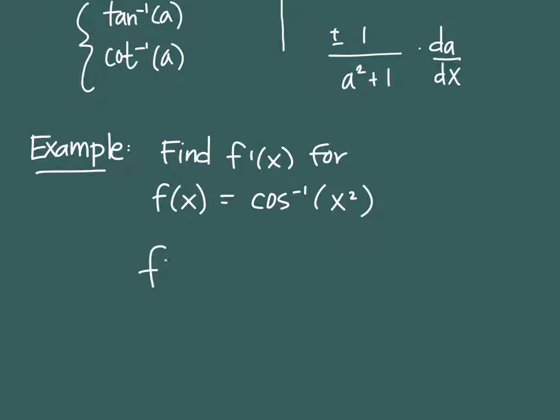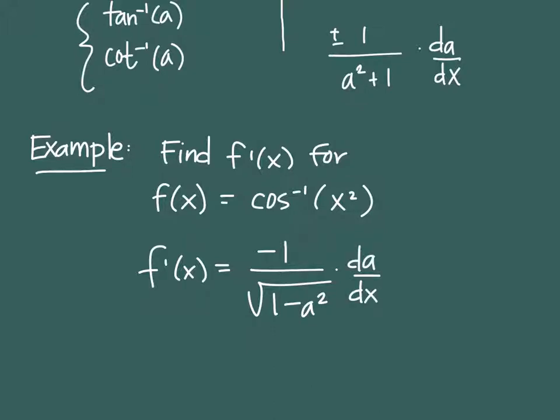So my definition for f prime for cosine is -1 over the square root of 1 minus a squared times the chain rule dA dx. So sometimes it's helpful to just practice writing it down as you work towards memorizing it.